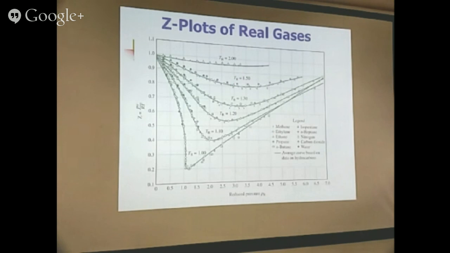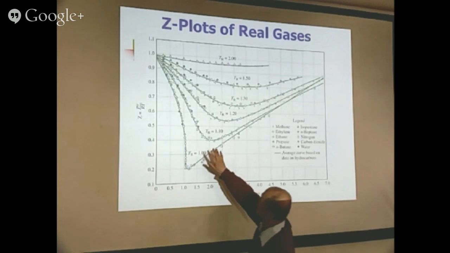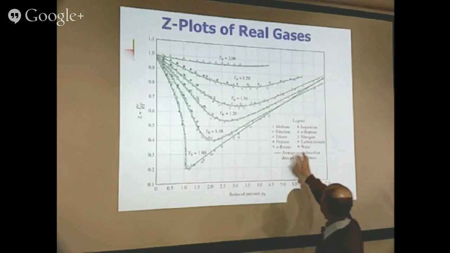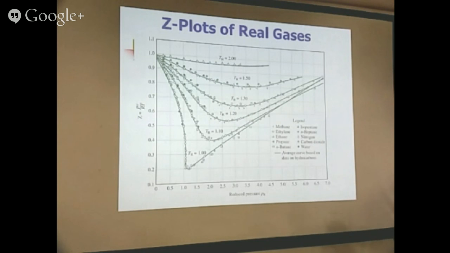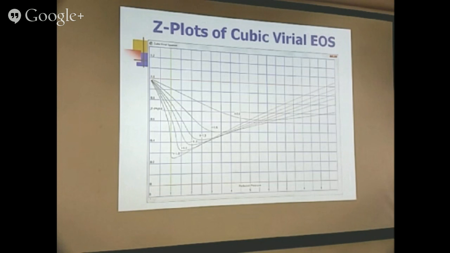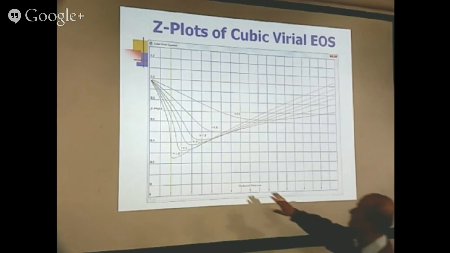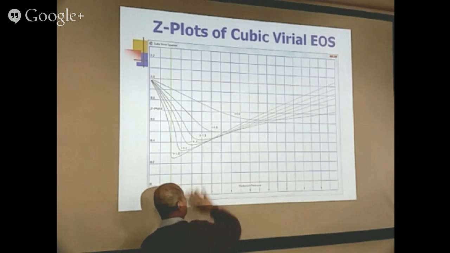So last time I showed this Z plot. If you plot Z against the pressure, you get these nice curves, and you see here there are 10 different gases, and they follow pretty much the same curves. So this is the Z plot from experimental data. Then I use my equation of state and plot Z. It gives you the general trends, but not very accurately.